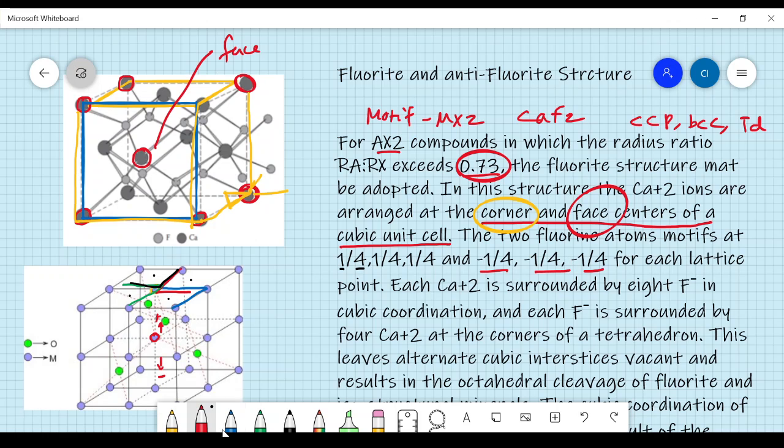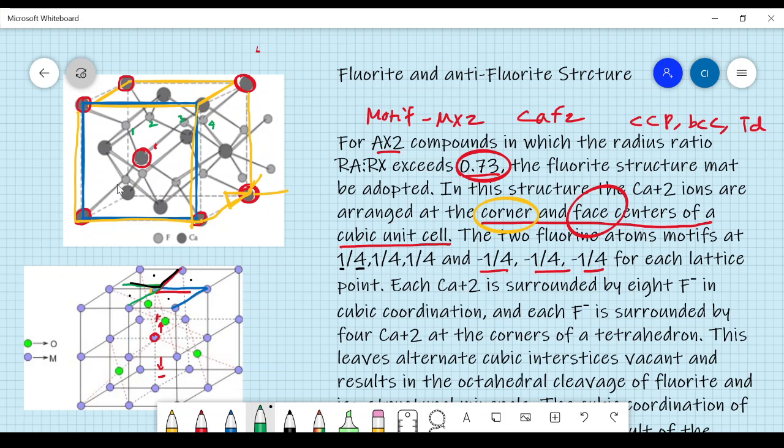That is what is mentioned. For each lattice point, each calcium 2 plus is surrounded by 8 F minus ions. So let us see how it is surrounded by 8. Let us take this calcium atom there. You can see it is surrounded by 8 fluorine atoms: 1, 2, 3, and 4.